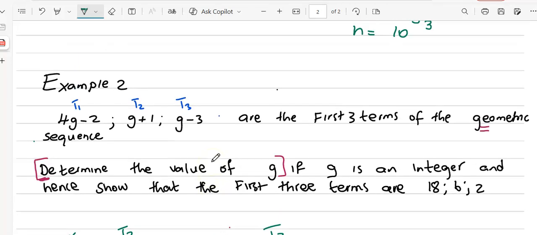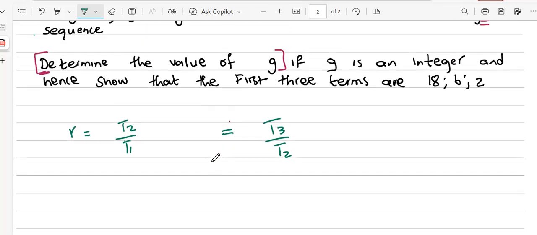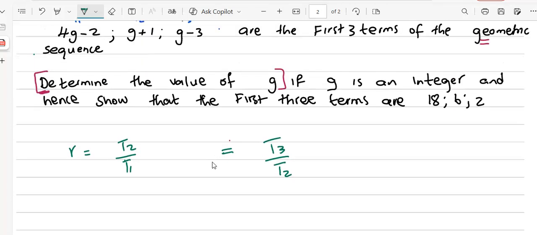T2 is g plus 1, you put it on top, divided by T1, which is 4g minus 2. Equate this to your T3 over T2, which is g minus 3 over g plus 1.